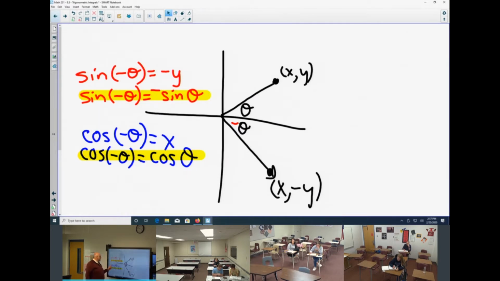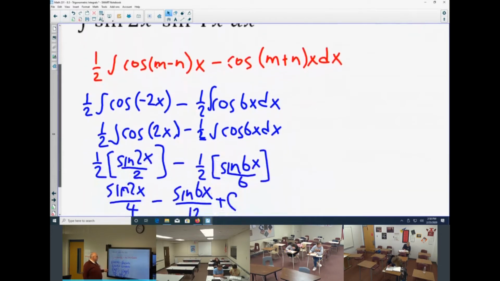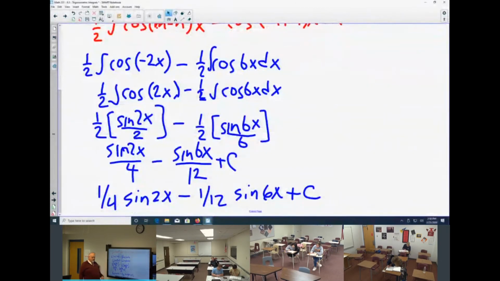But the cosine of negative theta is the same as the cosine of positive theta, because the x value doesn't change. Relating that back to the problem, when we have the cosine of negative 2x, just throw away the negative. And then the integral of cosine 2x will be sine 2x divided by 2. And I think everything else you got right. Just that's one sign.